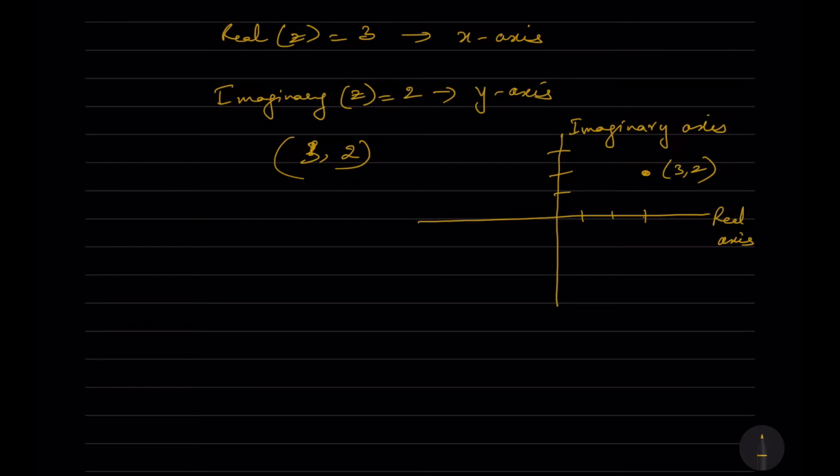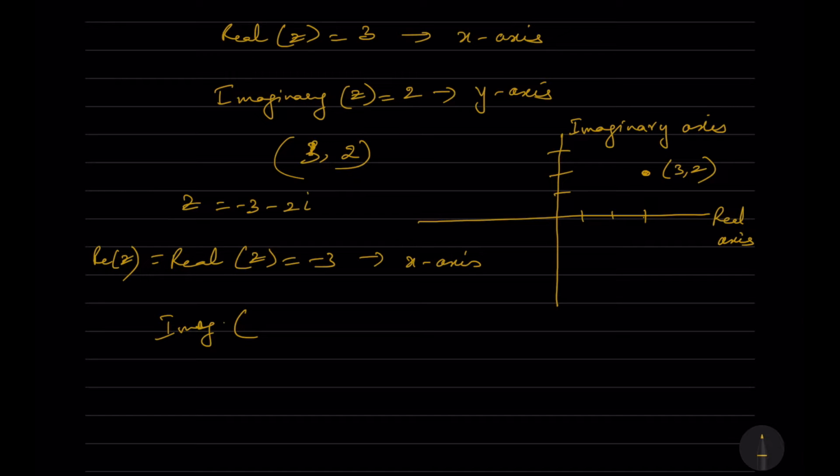Now suppose we take some other example, z equal to minus 3 minus 2i, the same values but negative. So here the real part of z is minus 3, that is on the real axis. Real can also be written as Re(z), and imaginary we can write as Im(z), which is equal to minus 2.